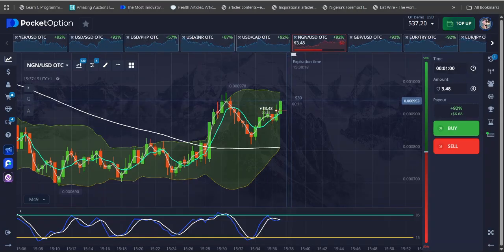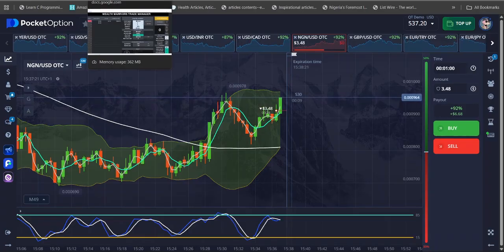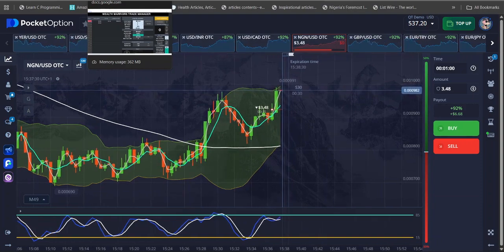So let's mark this as a loss already, because looking at this, it is a loss for us. That was a really bad trade we took there. It was an impulsive trade, and it's okay. Always trade in line with the trend.